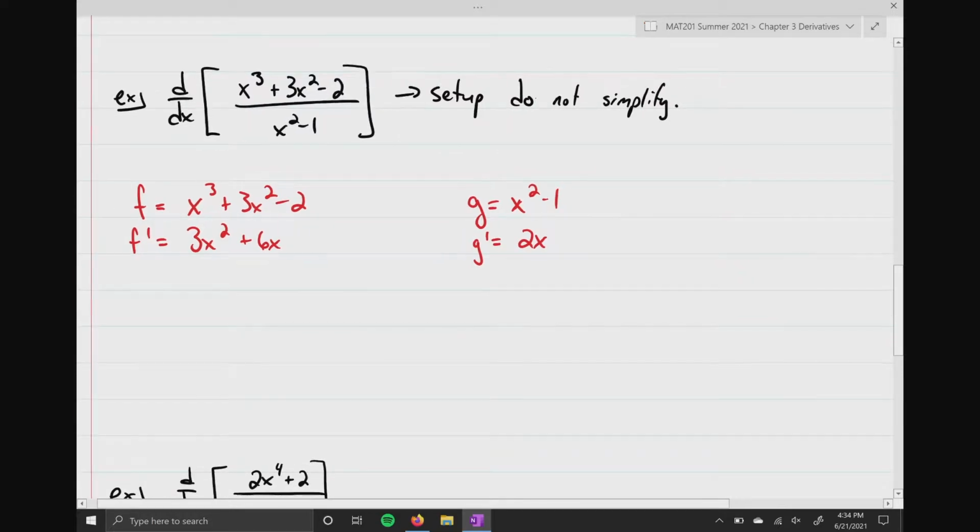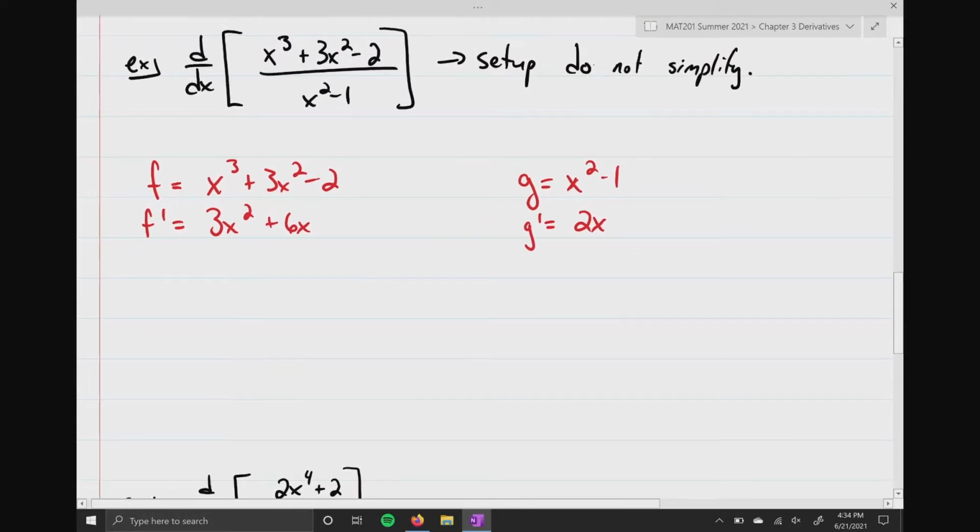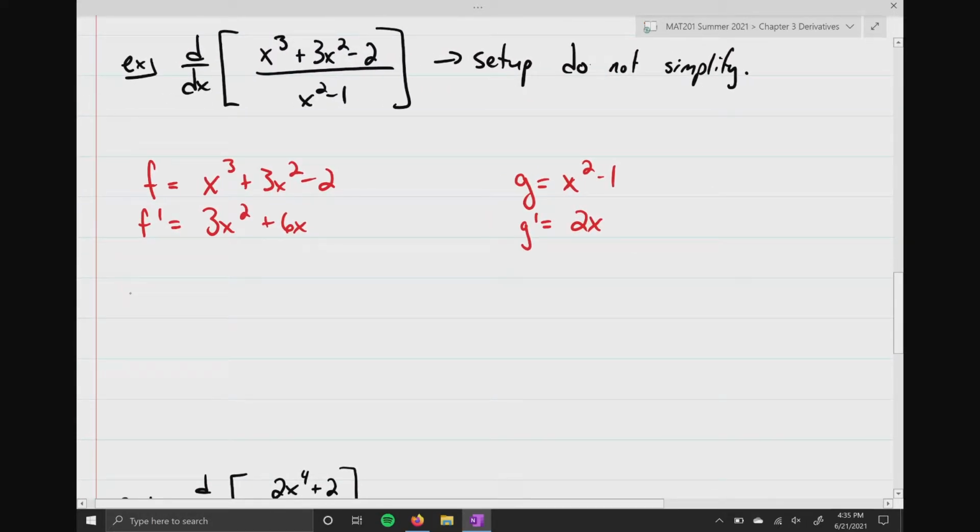Now, like I said, these can get ugly very quickly, and you're going to see why in a second. So the derivative of f over g is going to equal, well, that's going to be g of x, x squared minus 1, times the derivative of f, 3x squared plus 6x. Put your minus sign in a bracket.